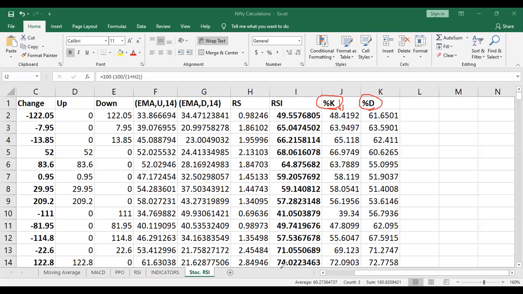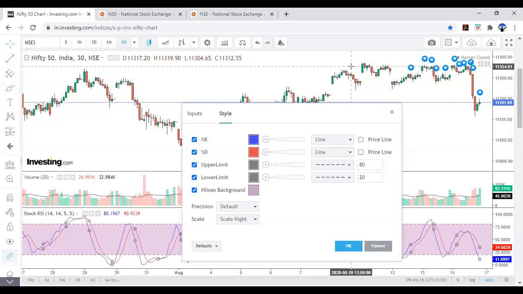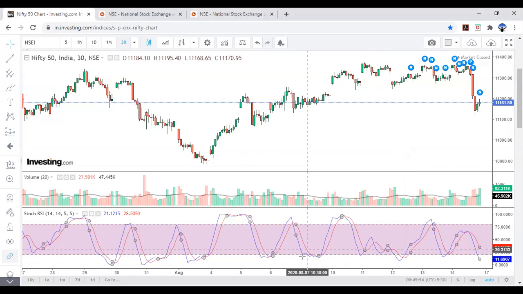Let's see the same on the chart. The K line is blue and the D line is red.